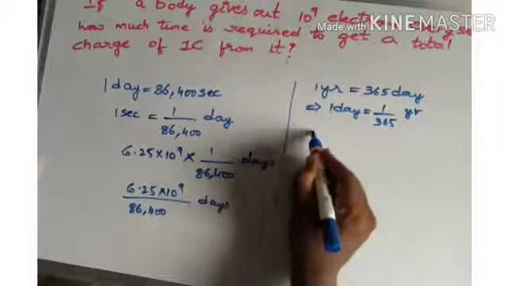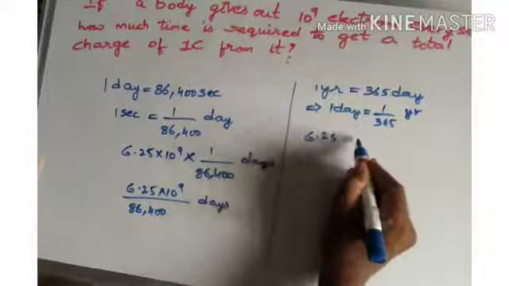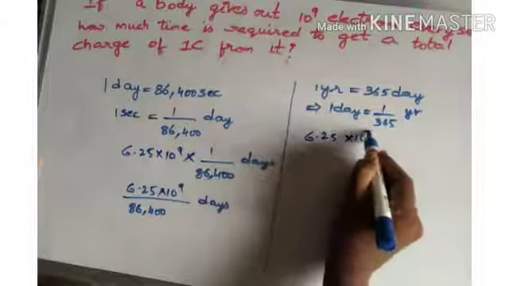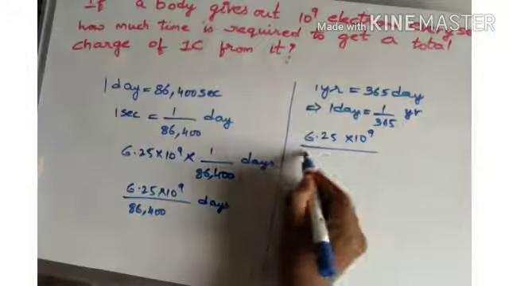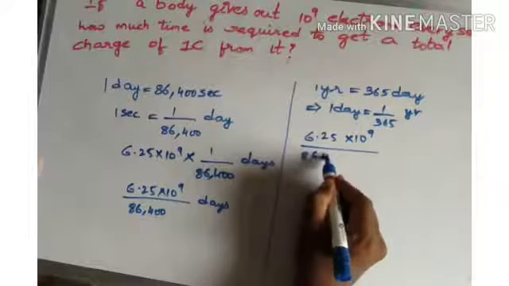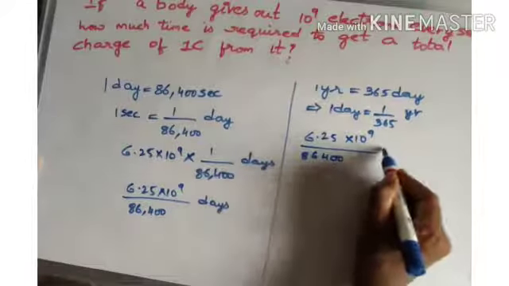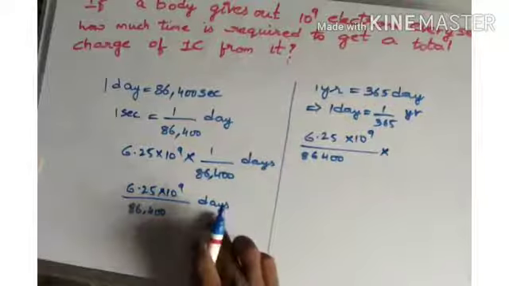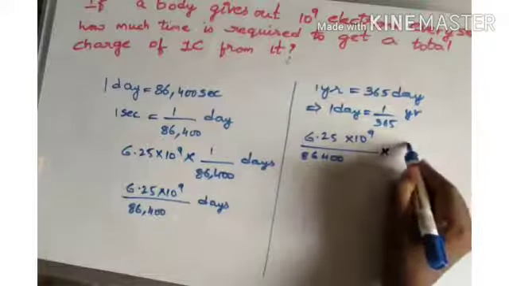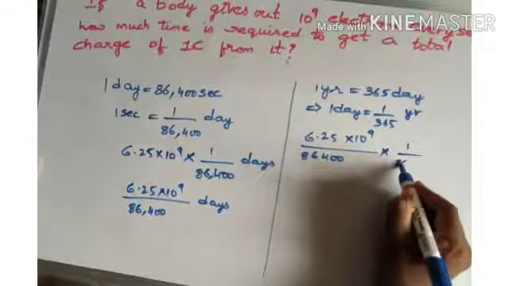So 6.25 into 10 to the power 9 by 86,400, into 1 by 365 in place of day.